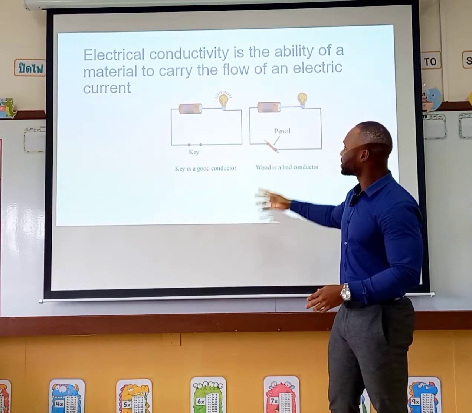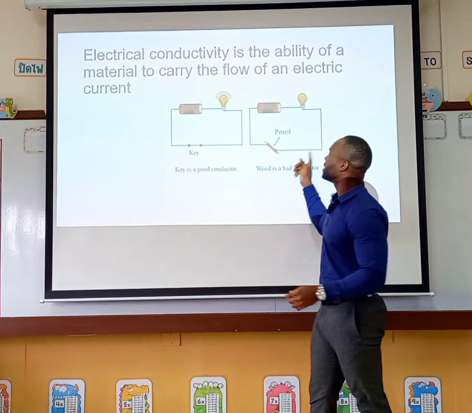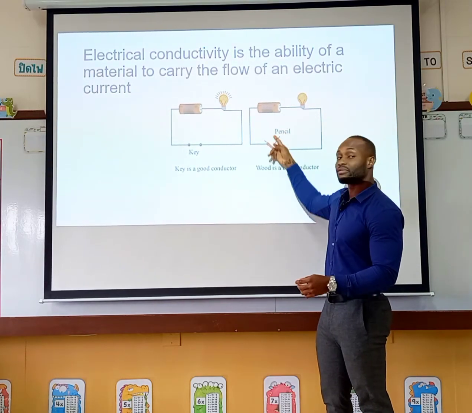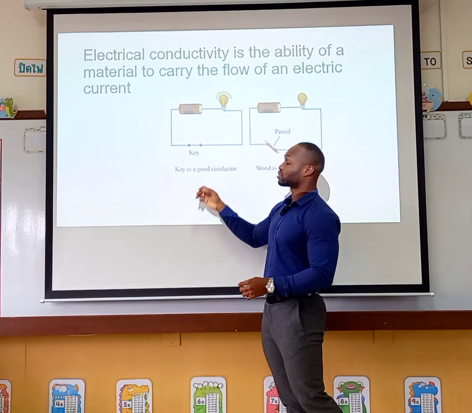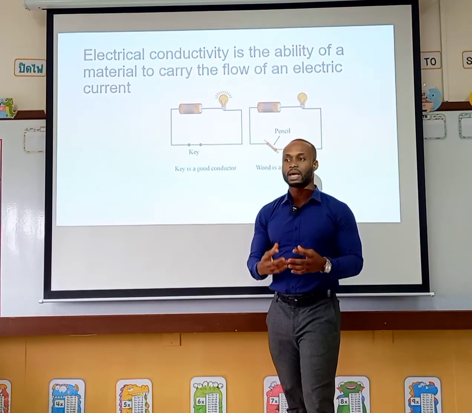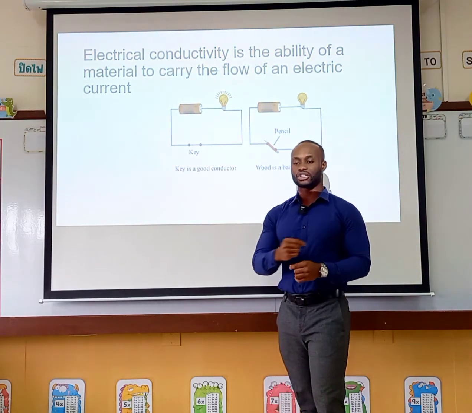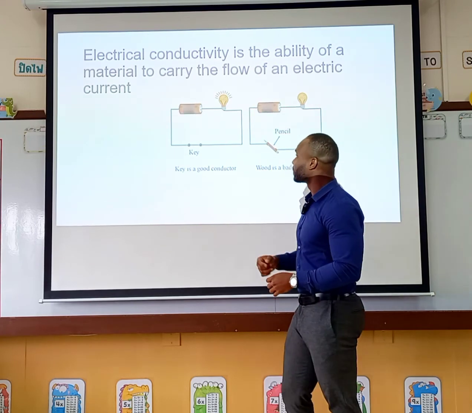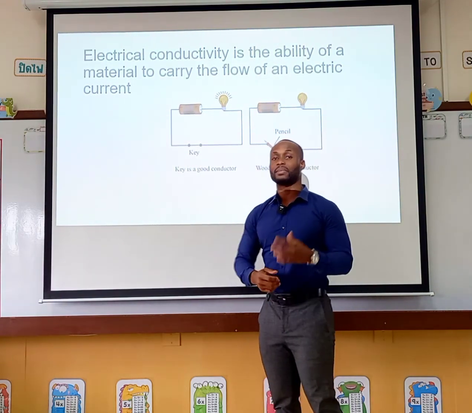For example, you can see right here, this is a conductor, and this is a diagram of an insulator. A key is a good conductor. Why? Because it is made up of metal. Metal is an example of a conductor because it allows electric current to flow through it. So you can put a key here, and you can still have your light bulb lit up.